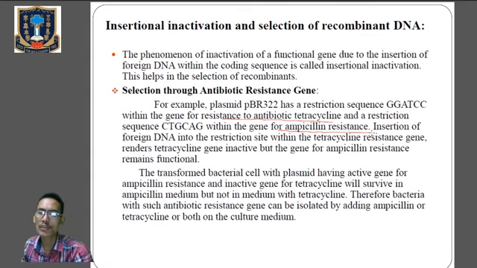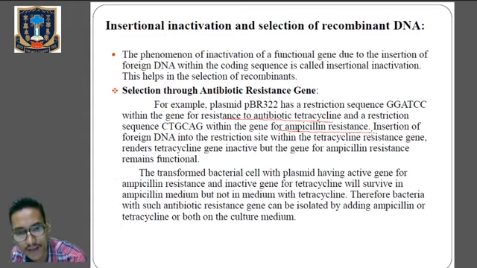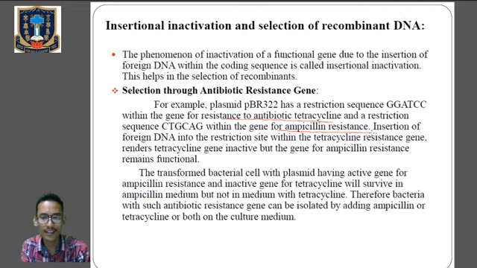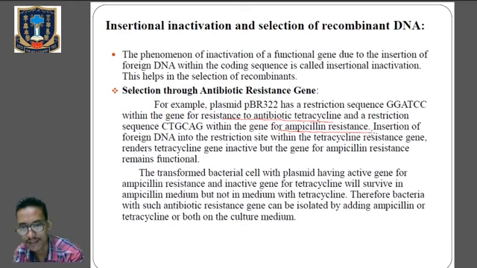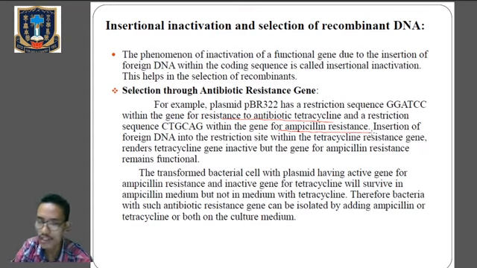When we put the foreign DNA into the tetracycline resistance site, that vector will lose the property of tetracycline resistance. It cannot survive in a medium that contains tetracycline. Clear? But that vector will have the property of ampicillin resistance. The gene for ampicillin resistance will remain functional, but the gene for tetracycline resistance will become non-functional because we have inserted the foreign DNA into that region.